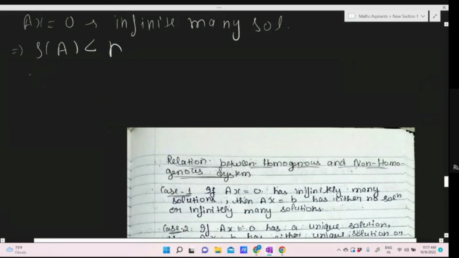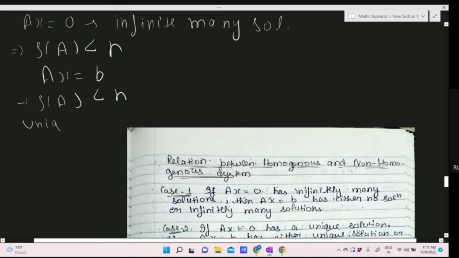Now, let us take another system, Ax equals b, the corresponding non-homogeneous system. Here you can also say that the rank of A is strictly less than n. Therefore, the case of a unique solution does not exist, because in case of a unique solution, we must have rank of A equals n.